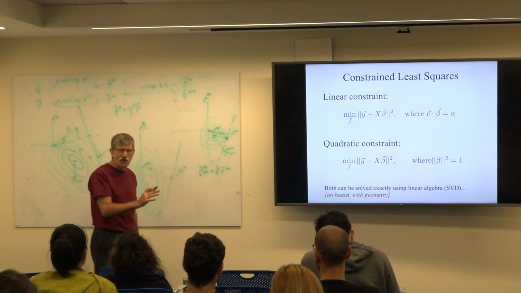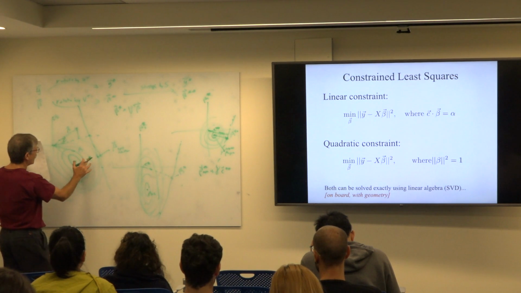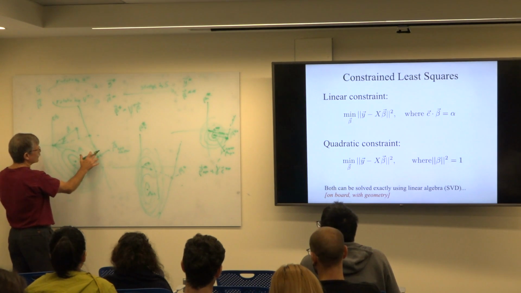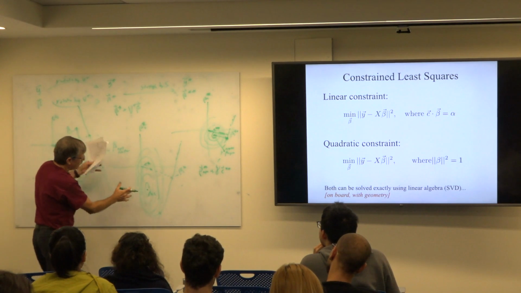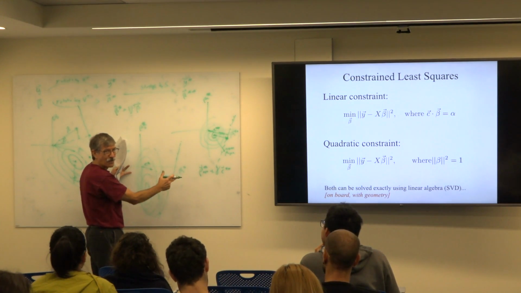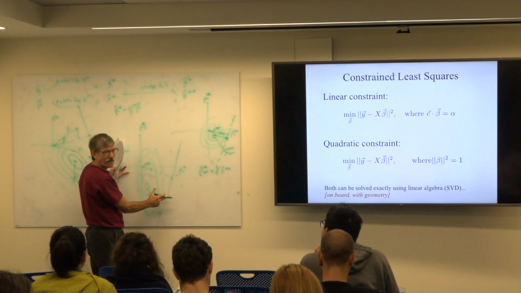So that's the broad strokes without actually doing all the symbol pushing. The geometry is, I want to leave beta opt and pick a beta such that the error is minimal, which means the ellipses will just barely touch this line. Then I'm going to rotate, so now the ellipses are parallel to the coordinate axes, but I still have to go out from beta opt in some direction until I just barely touch this line.